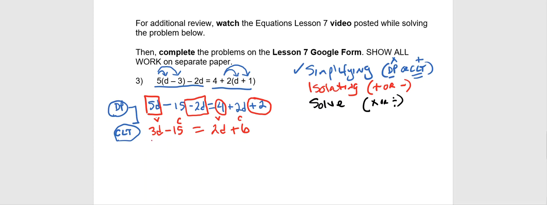So when I look at my variable terms, on the left side I have a 3d, on the right side I have a 2d. Which one's lower? 2d. Okay, so that's going to be the one that we're going to have to send over by way of adding or subtracting to go join its partner on the other side, the 3d. So how are we going to do that? We're going to subtract 2d on both sides.